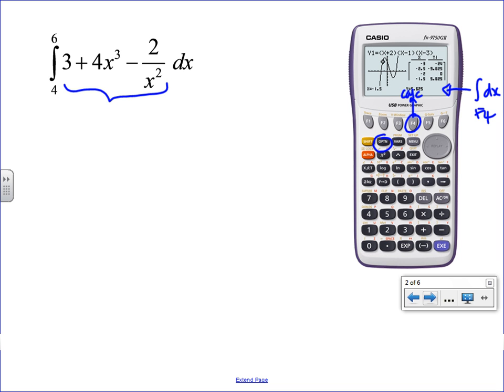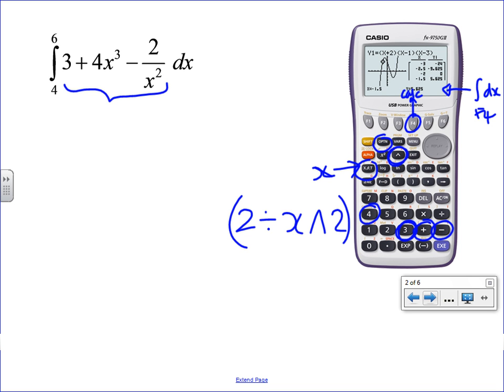So you can type in 3 plus 4x, x is here, below alpha, you don't need to press anything else, this is the x button, 4x, and then cubed you get by going this up, and then 3 for cubed, and then minus, and for the 2 over x squared, just be careful, type in 2 divided by x squared, x up 2, or x squared, and maybe put brackets around that so that the calculator knows what you're doing.